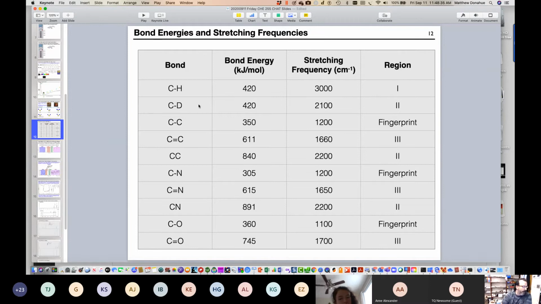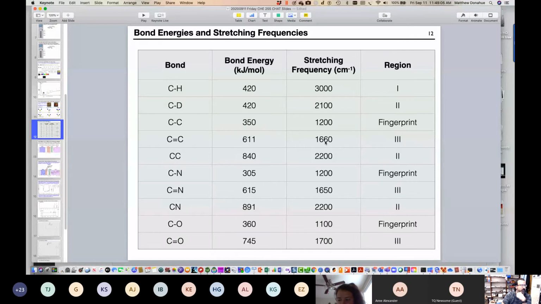So you can see that due to the spring model, lighter elements occur at higher stretching frequencies. And so as we get stronger bonds, the stretching frequencies go down. So you can see from, say, a carbon-carbon pi bond, we have a stronger bond energy.